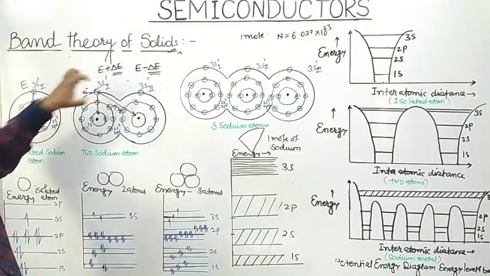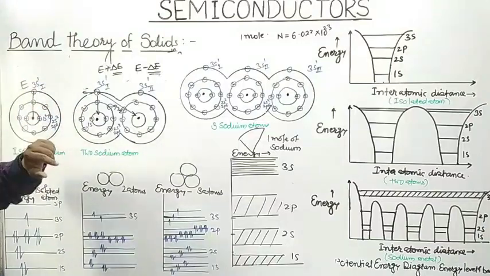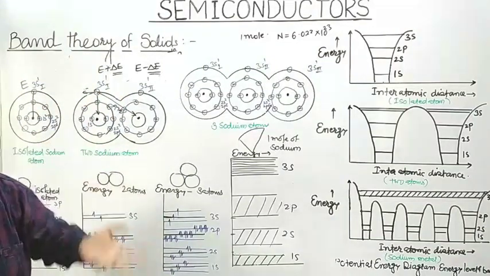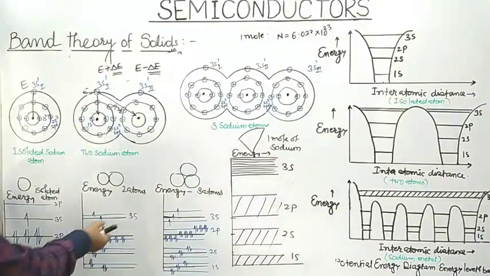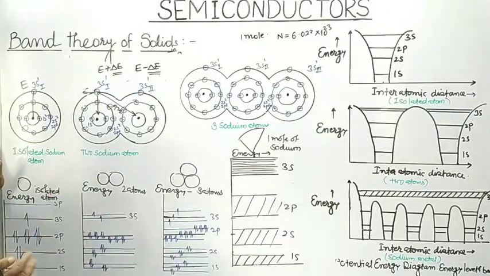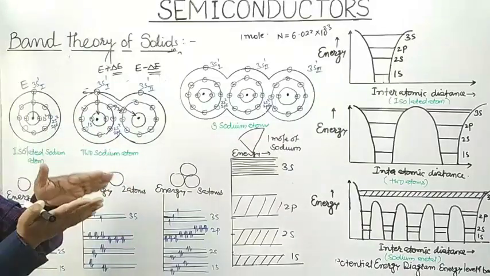So the energy of one electron may become slightly more than the original value, or the energy of one electron will become slightly less than its original value. So the 3s energy level is now split into two sublevels.